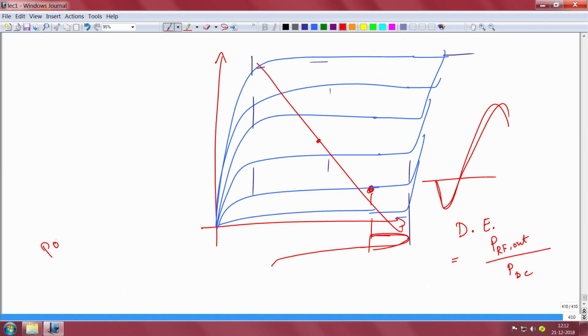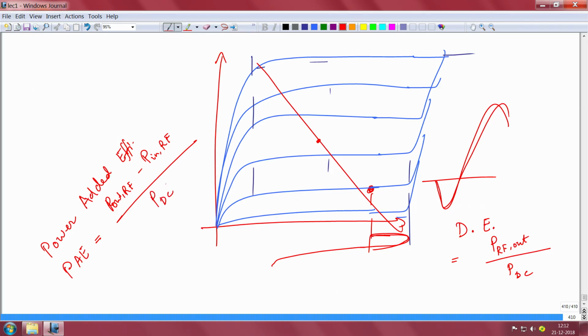And then another important parameter is called power added efficiency, PAE, which is defined as the output RF power minus the input RF power, because at the input also you are giving a small swing, right, divided by the DC power you are supplying. That is a very important number.